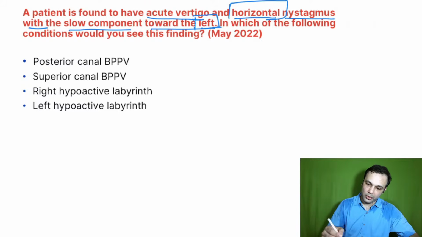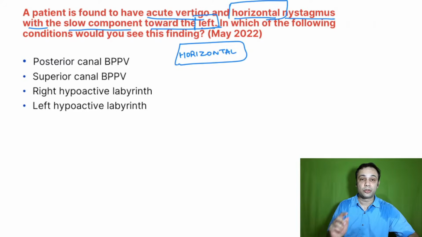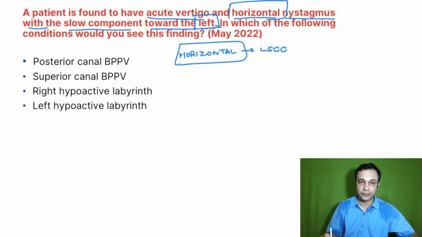So when you talk about nystagmus, it usually is towards the fast phase, right? So you have a horizontal nystagmus. So now let's discuss a little bit about nystagmus. You have horizontal nystagmus. So what produces a horizontal, and at times you have a torsional component as well, that is the lateral semicircular canal.